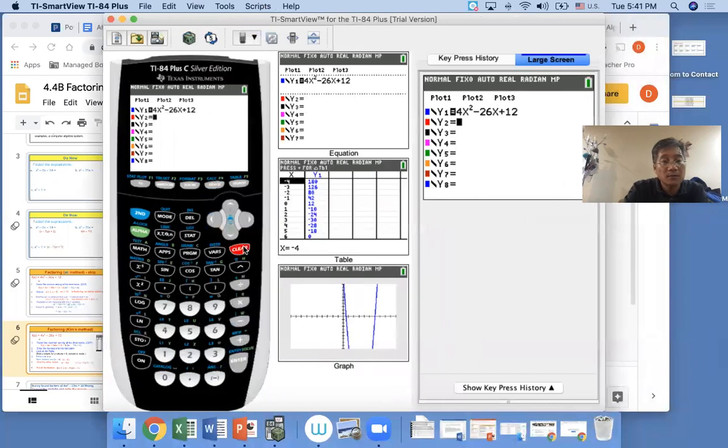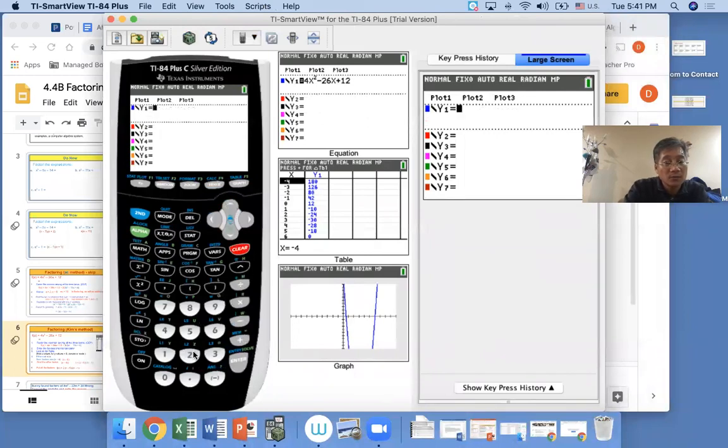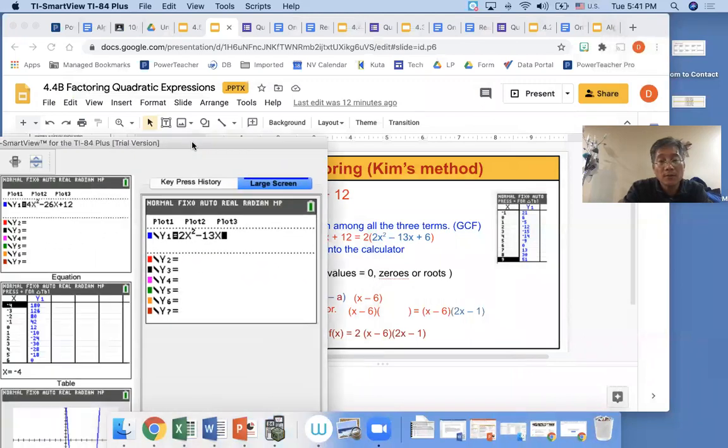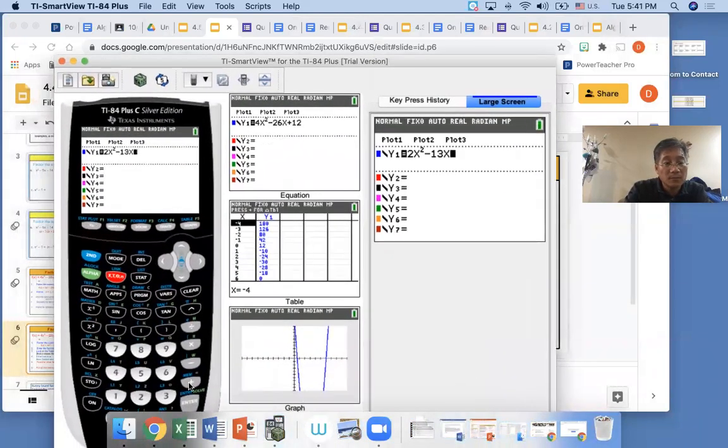Hold on, I will clear. 2x squared minus 13x, and then what is the other number? Plus 6, right? So plus 6 and enter.